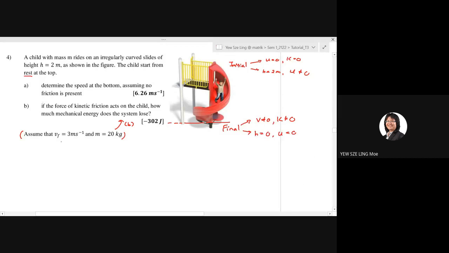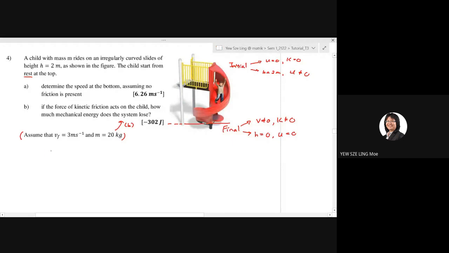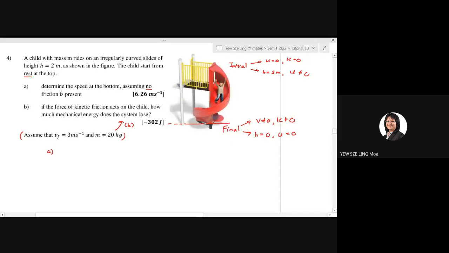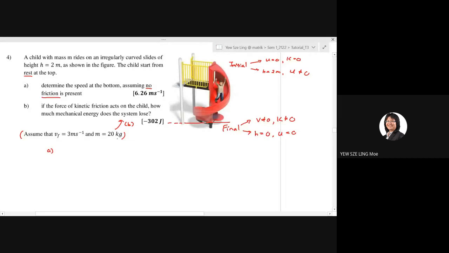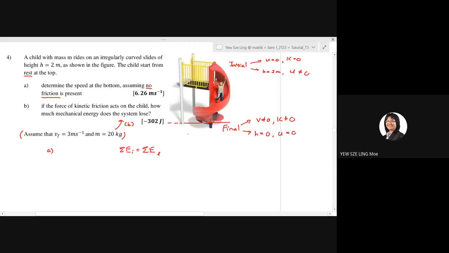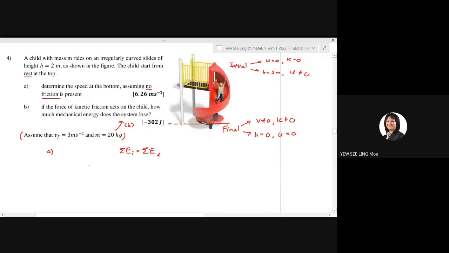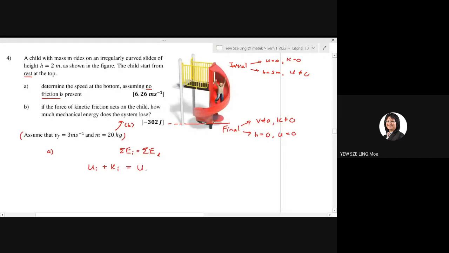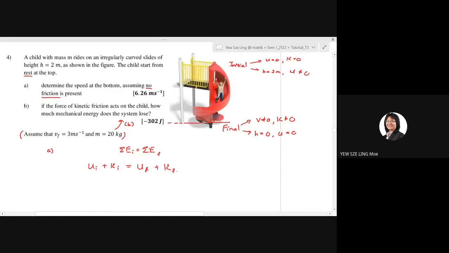Now let's see how we are going to solve question A. Question A asks you to assume no friction, so we can just apply the principle of conservation of energy: sum of E initial equals sum of E final. Since there is no spring, the energy involved is just U and K. So U initial plus K initial equals U final plus K final.